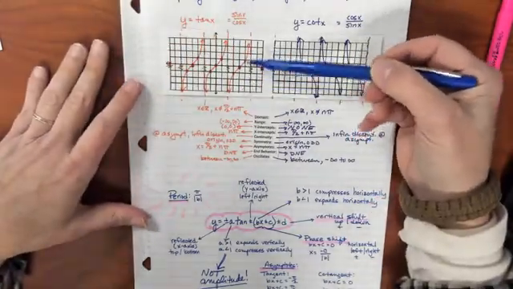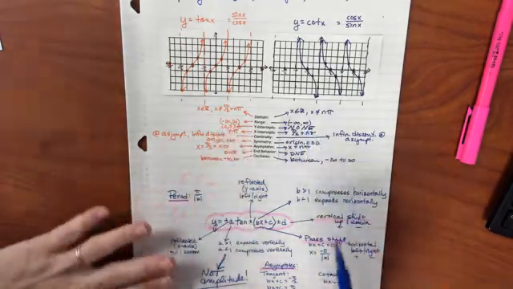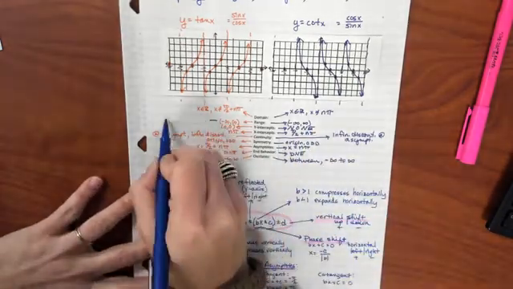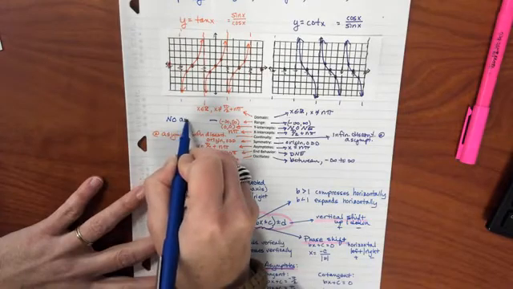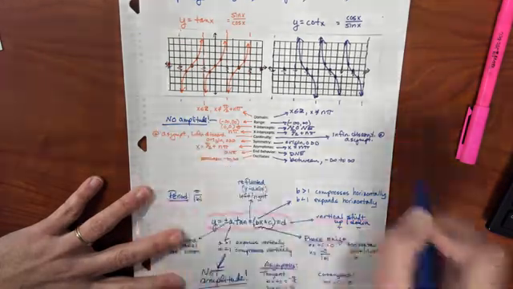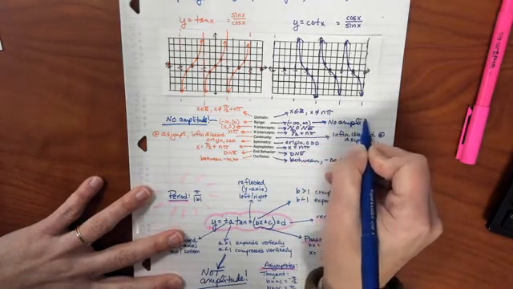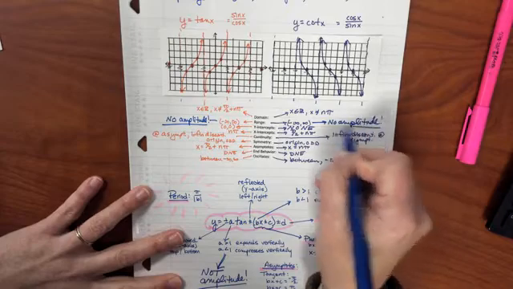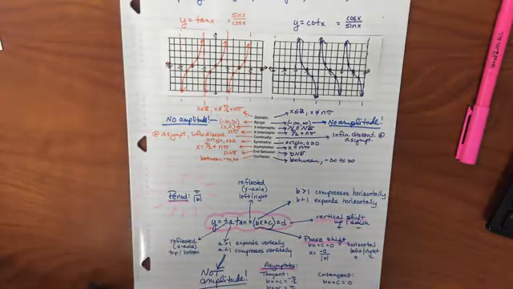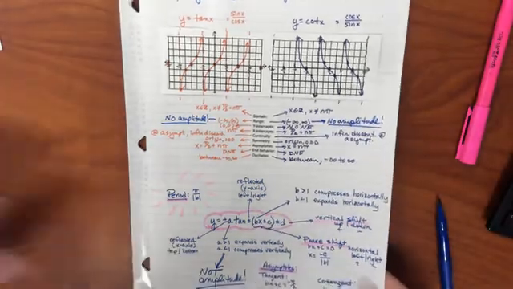It does not stop at one point up here on the graph. It keeps going and going and going. That's why the range is negative infinity to infinity. So it's really important that you remember there is no amplitude for tangent, and there is no amplitude for cotangent either.